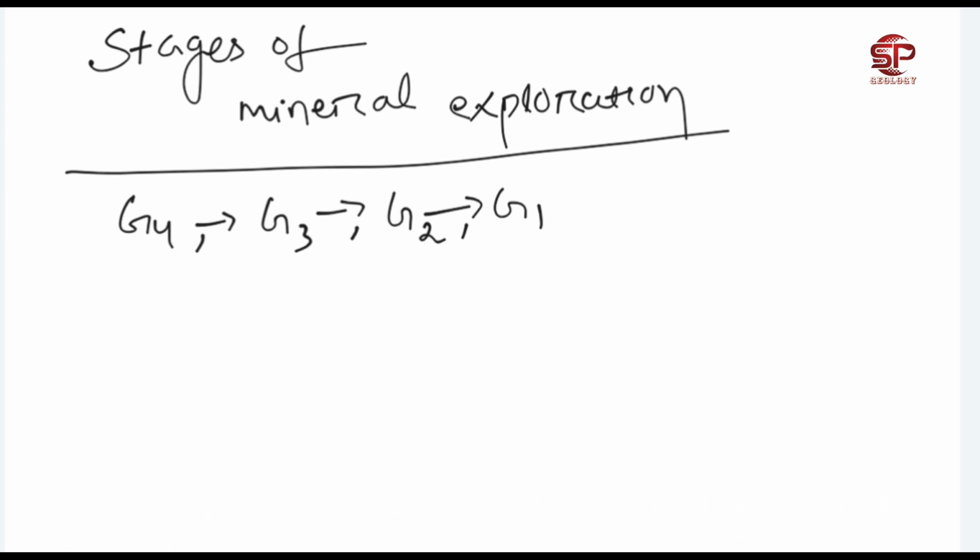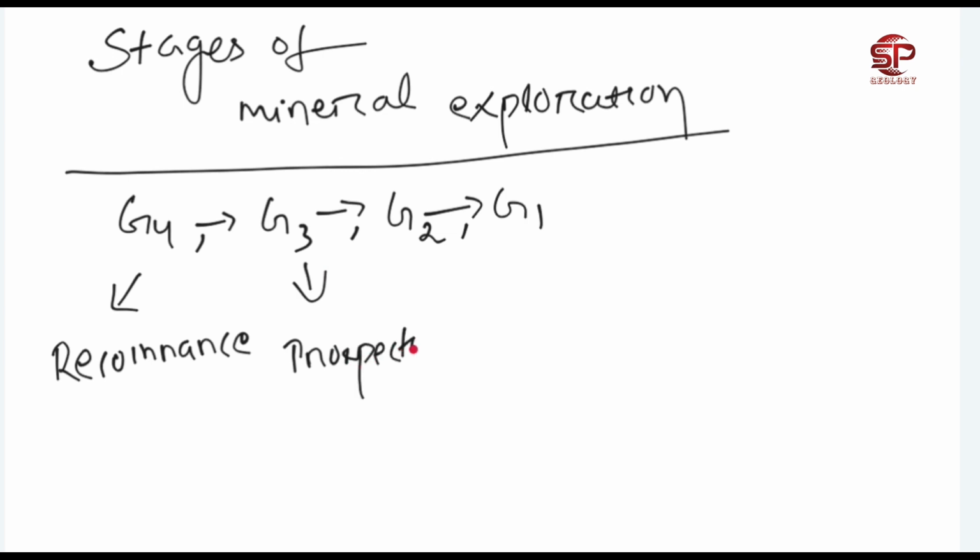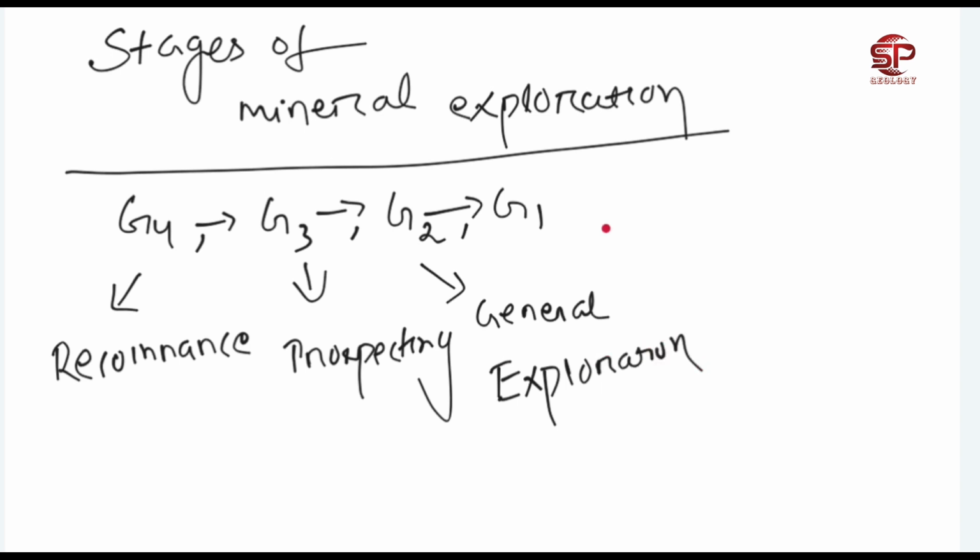G4 is reconnaissance, G3 is prospecting, G2 is general exploration, and G1 is detailed exploration.